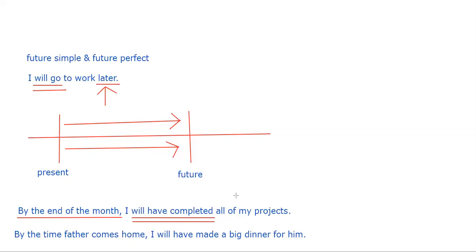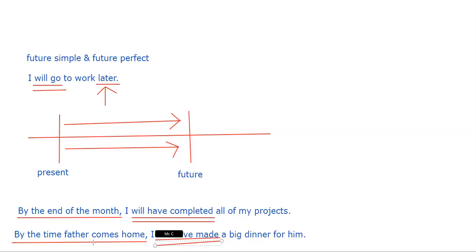So here we're starting in the present because your father's not home, but by the time he comes home, you will have made a big dinner for him. So will have made is the future perfect here. And so again, we started in the present, and now we're going to lead up to the future.